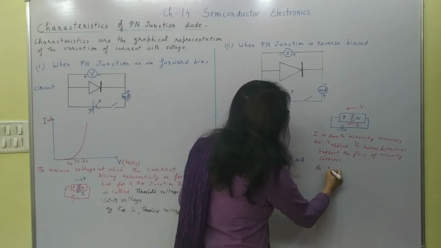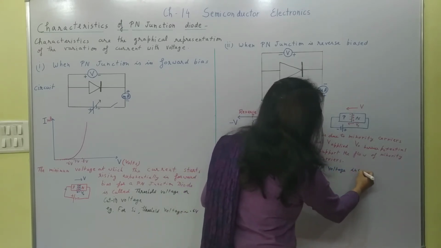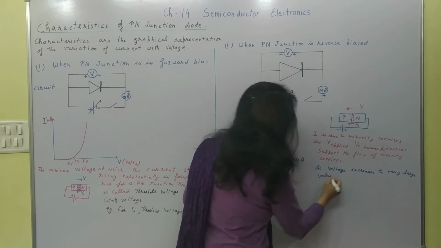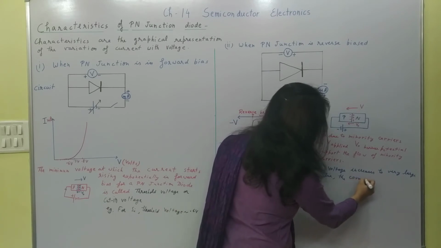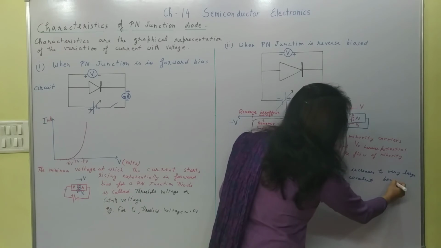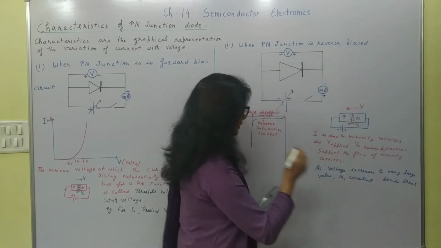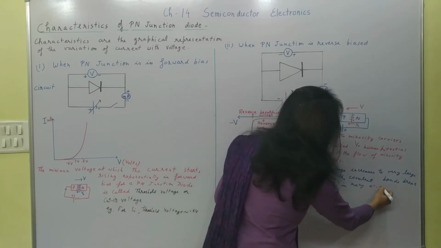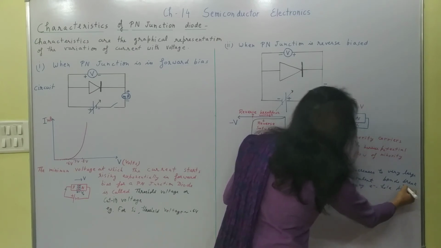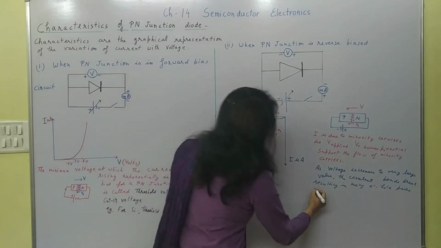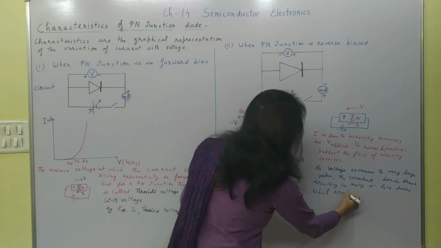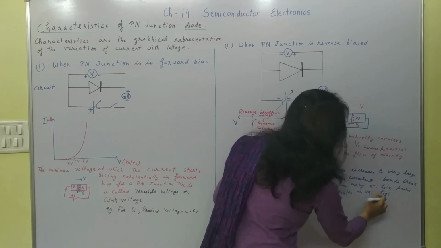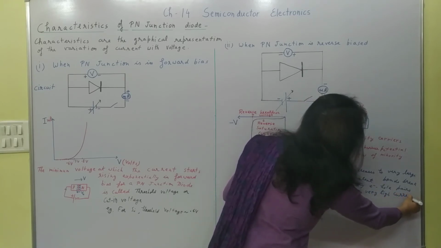So as the voltage increases to a very large value, the covalent bonds break, resulting in many electron hole pairs, which eventually results in very high current, right?